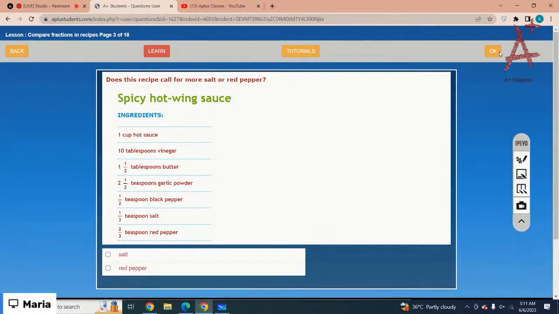Okay, does the recipe call for more salt or red pepper? So 1/3 salt and two-thirds red pepper. So which is more?